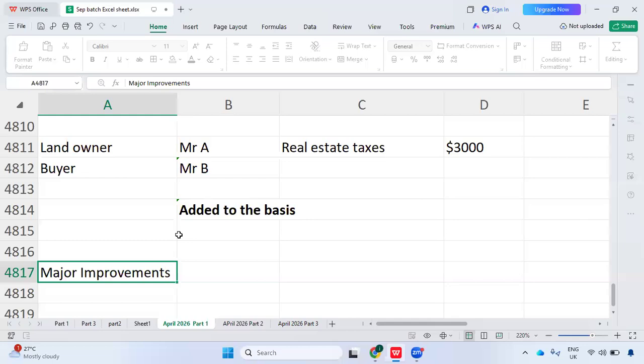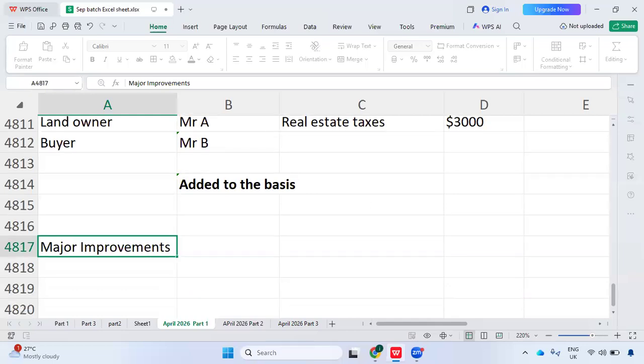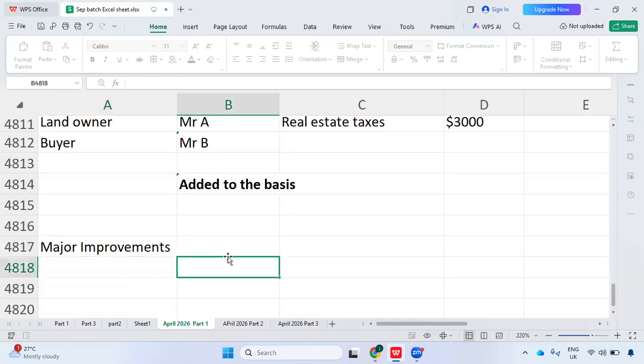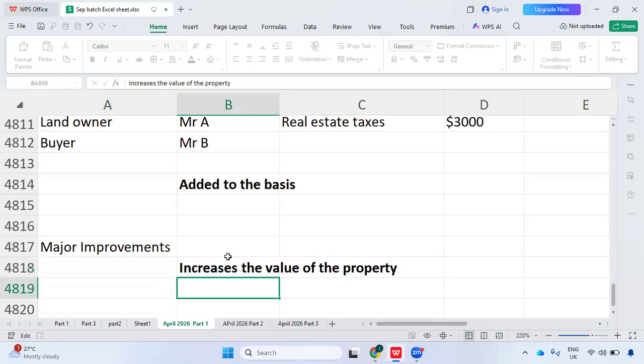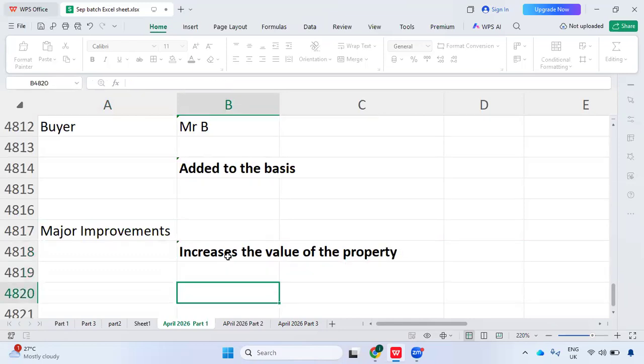Now another one is major improvement, which is additions that increase the value. If the taxpayer pays for any additions that increase the value of the property, these also will be added to the basis.